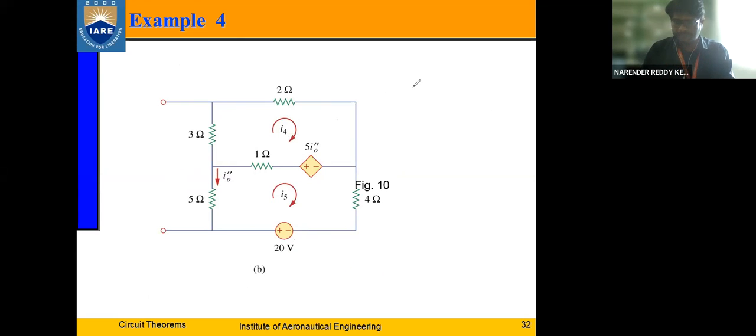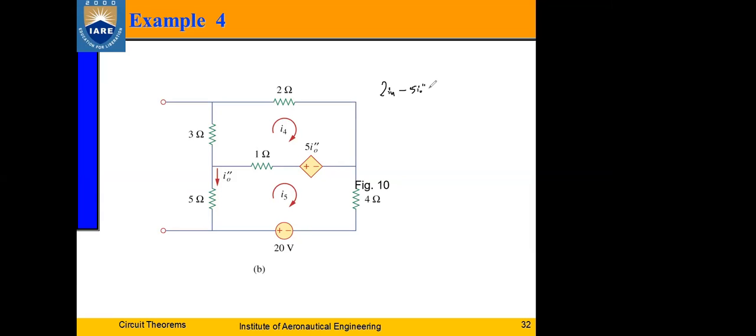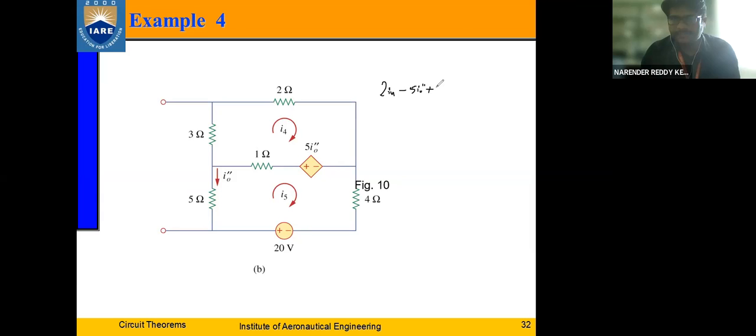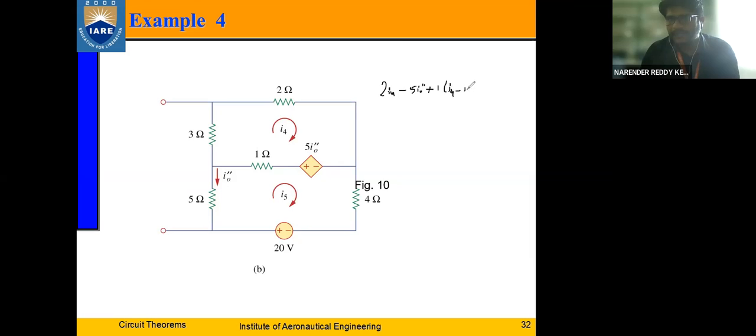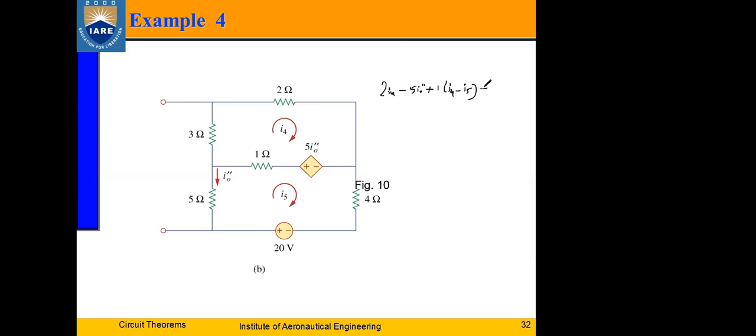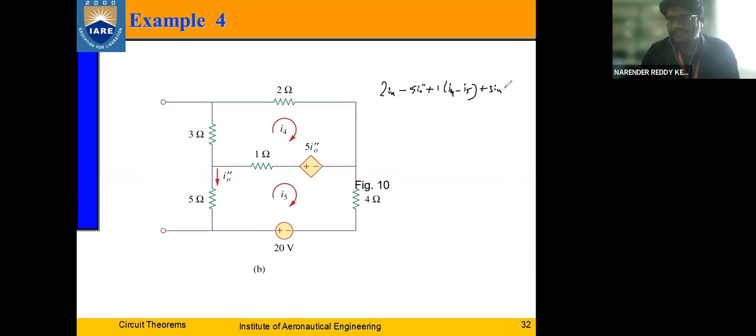So let us not waste the time. Help me in writing the equations now. Directly we'll write and solve it. So 2 into I4, right, minus 5 I0. Okay, let it be, plus 1 into I4 minus I5, plus 3 I4, is equal to 0.